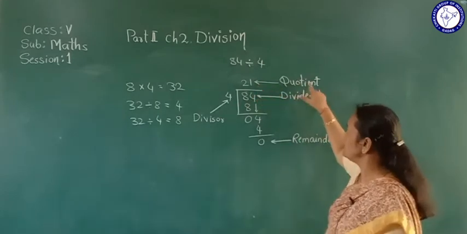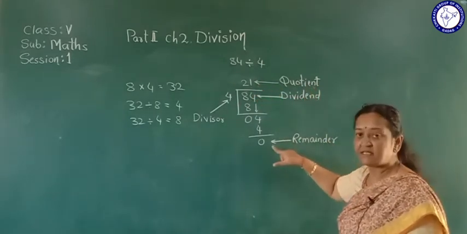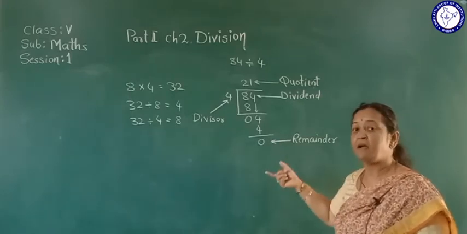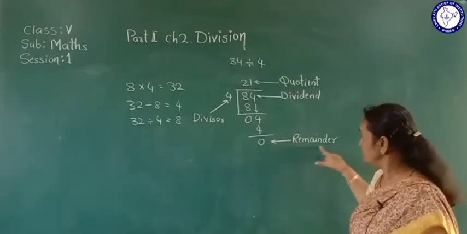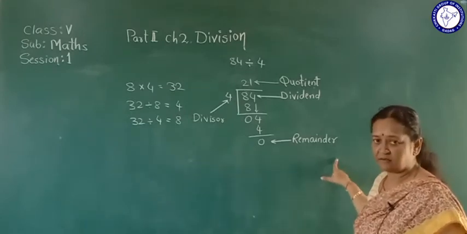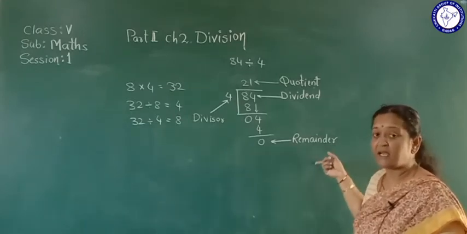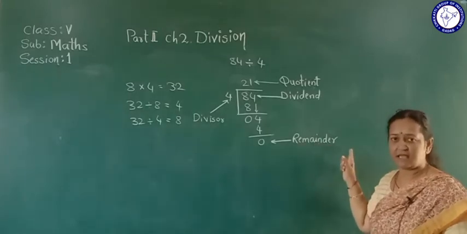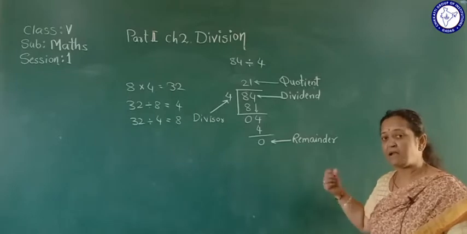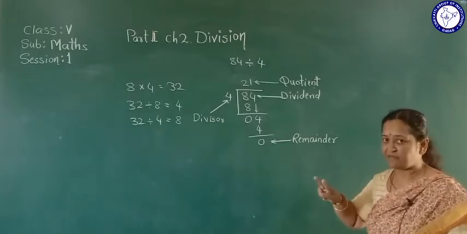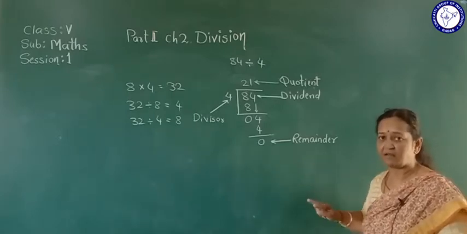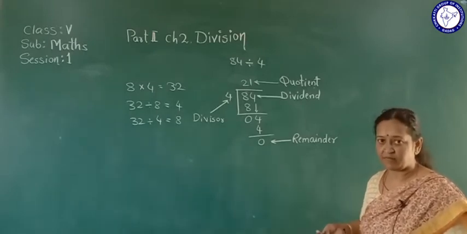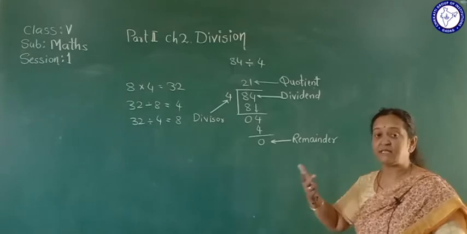That answer is called the quotient, and whatever is remaining after division, you may get sometimes 0, sometimes other numbers too, is called the remainder. R-E-M-A-I-N-D-E-R, remainder. In English we have two different words, reminder and remainder. Reminder means the person who is reminding for something, and remainder is what is left over.